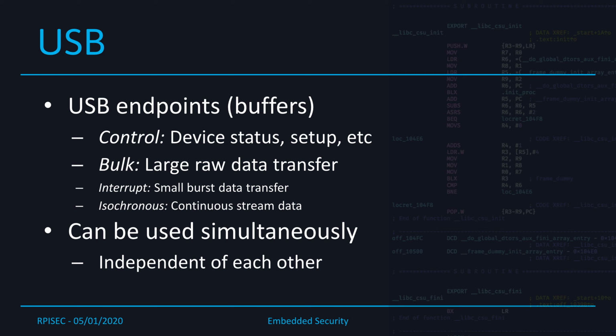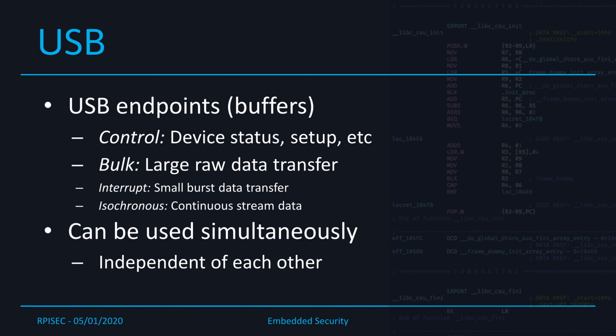It has functions; you can send certain types of packets that basically call functions on the other end. So you can query the device status on the other end, or you can say I'm ready for setup, or whatever. The bulk endpoint is: I'm going to send you a bunch of data, and it has no guarantees about how fast that data will get there or what the latencies will be.